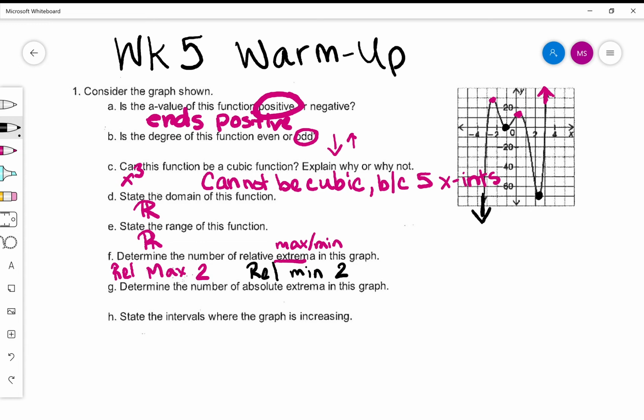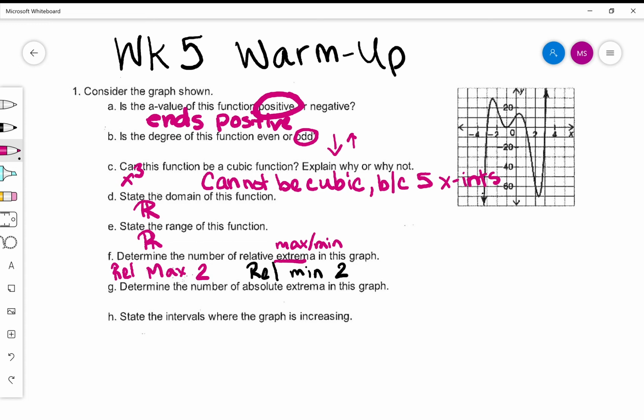Okay. All right, I'm going to go ahead and erase what we drew here. All right, so letter G, determine the number of absolute extremas, again, max and min, on the graph. Go ahead and pause the video.